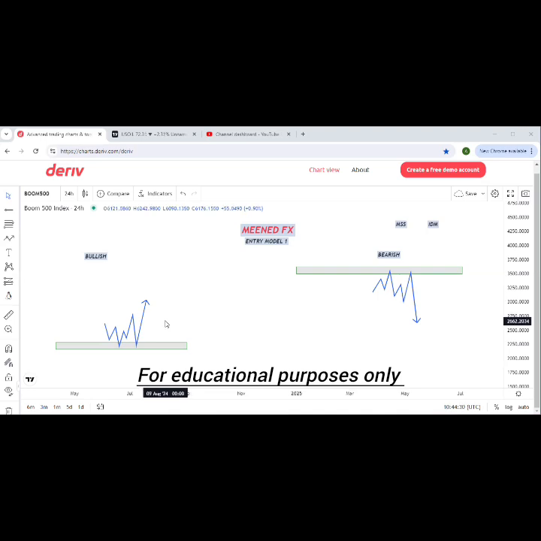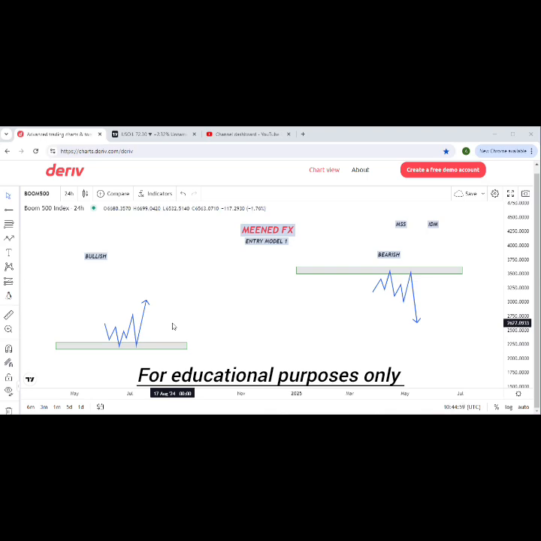Now when you mark your chart, you have to have a zone. A zone is where you expect price to react from, where you expect price to either reverse or react. If those zones have been marked, I encourage that people mark those zones from higher time frames, basically 4-hour, daily, weekly, monthly, and also yearly time frame, depending on the kind of trader you are.